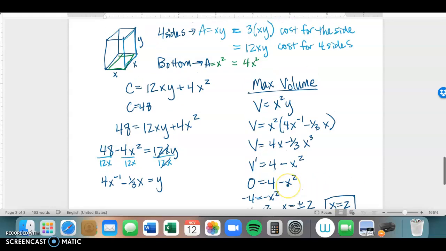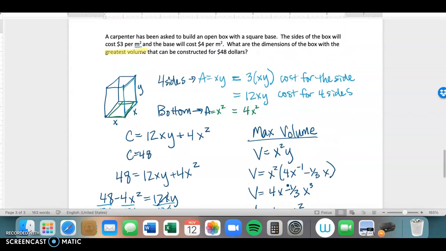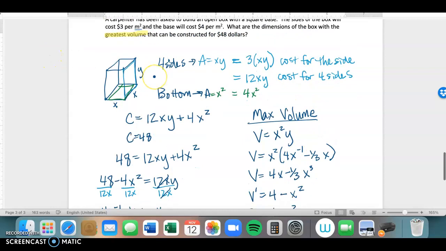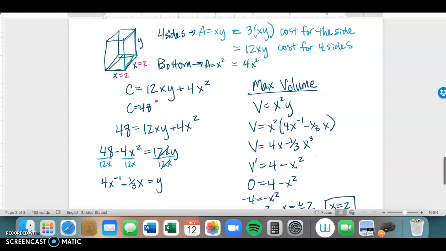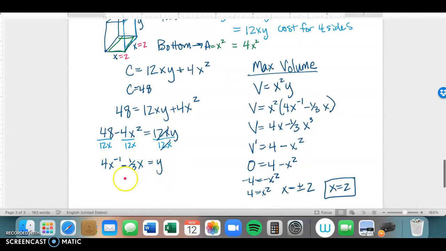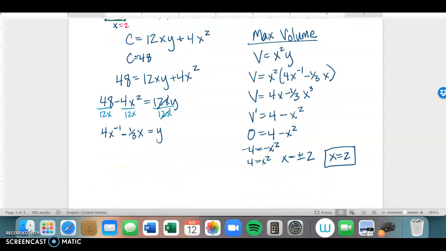So, with x being equal to 2, what are we looking for? We're looking for the dimensions of the box. We just found that x equals 2, so we have those two dimensions. We need to find y. How do I find y? Well, guess what? You have a nice little function with y over here. Remember, x to the negative 1 is just 4 over x. So 4 over 2 minus 1/3 times 2 equals y.